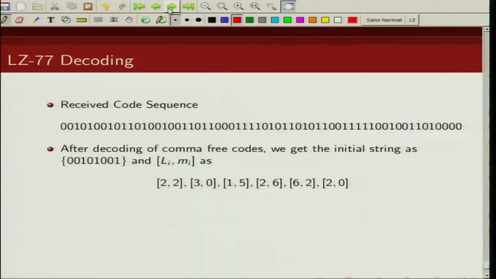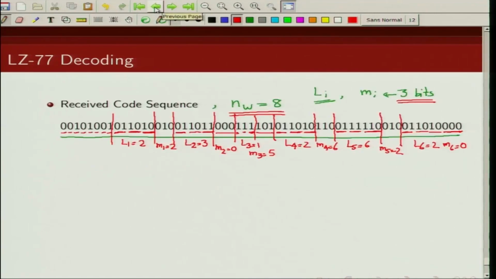So now I have actually decoded the string into the initial string and L1 M1, L2 M2, L3 M3, L4 M4, L5 M5 and L6 M6. So that's what I did.